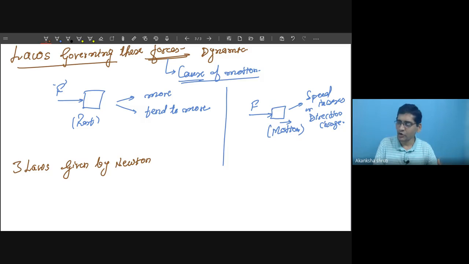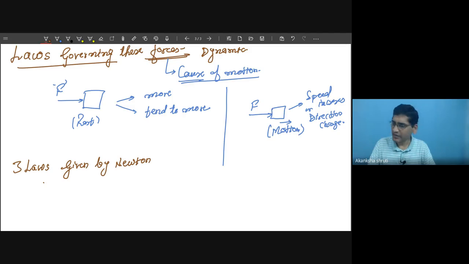Or if the body is in motion, then force is applied, what will happen? First law gives that. The second law gives how much force is required to change the state, say to increase the speed, or if a certain amount of force is applied, then how much will be the change in momentum?